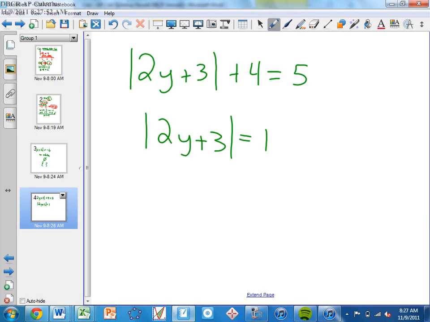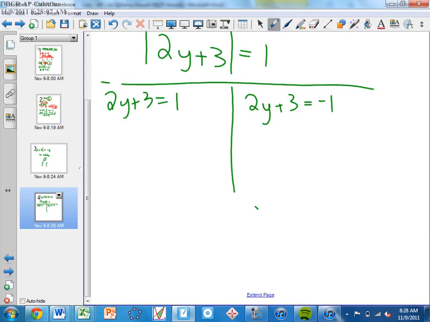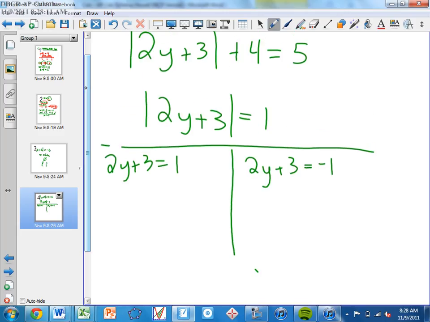Okay, so at this point, it's now the same as the last problem. There's no difference at all. Make your t-chart or your split column. You got 2y plus 3 equals 1, and 2y plus 3 equals negative 1. Look back at your last example. Again, we get rid of the 4. We have a 1 on the right side.